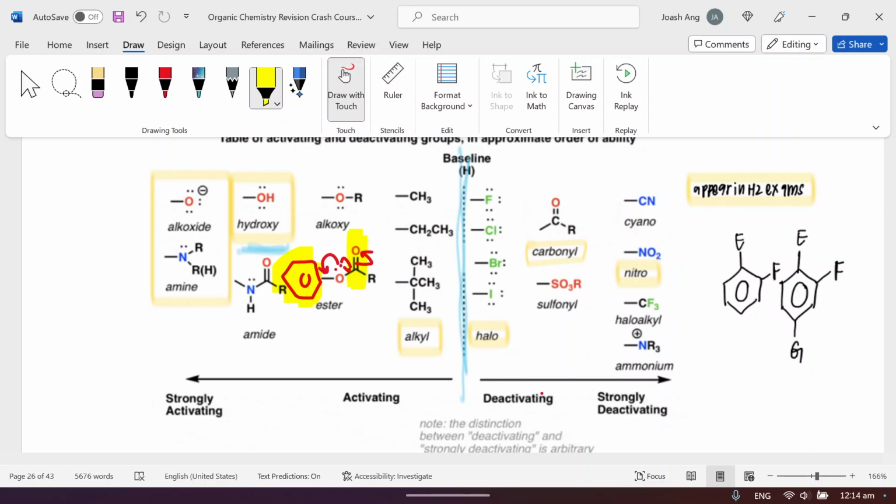So there's a competitive, I would say it's more of a competition. That's why it's less strongly activating right here. And as you can see for this alkoxy group, your R, you have competition between your benzene ring that is electron withdrawing and your R group that can also be electron withdrawing.